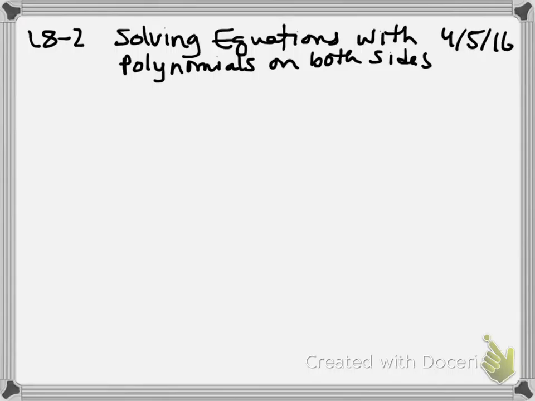Basically we're going to combine what we did yesterday, distributing and collecting like terms, with what we did solving equations, the one that used the equation card. That's going to be the whole premise, to figure out what the variable equals.